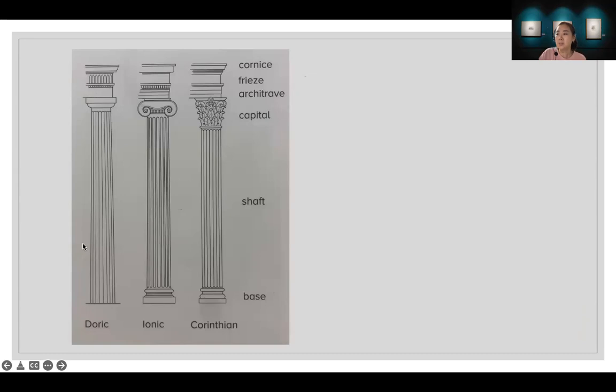The Doric style column is simple and classical compared to the other two columns, such as Ionic and Corinthian. Can you see the difference of the Doric style from the other styles of column? It's not as detailed as the other ones. It's more simple. Exactly. Yes.